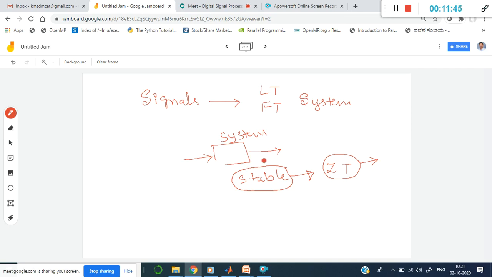Maybe wind or maybe floods. Wind at different speeds, we don't know. At some time there is a chance of that particular bridge collapsing, but we try to build the bridge in such a way that it withstands the maximum wind speed, right? So now the system has to be in a stable condition.